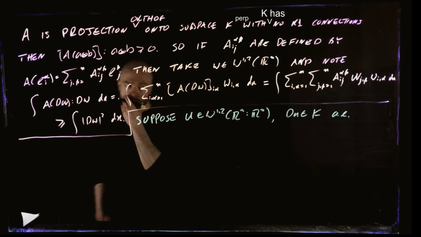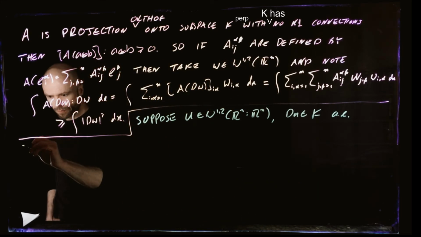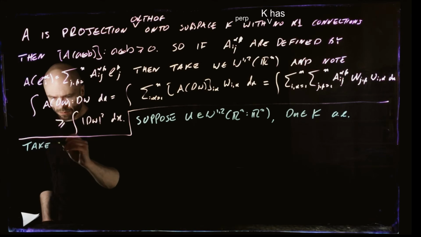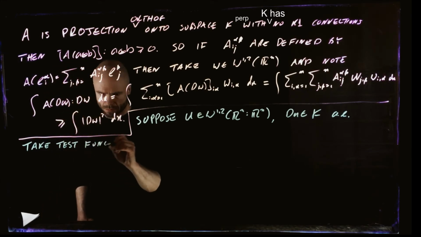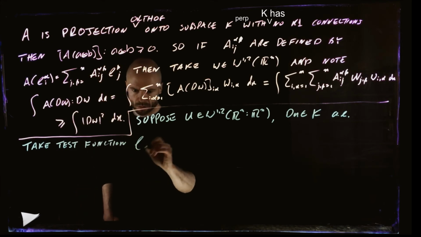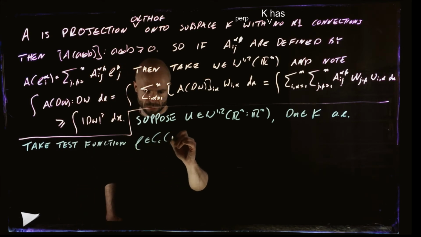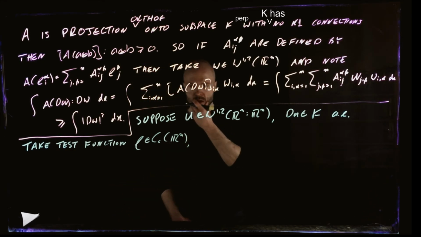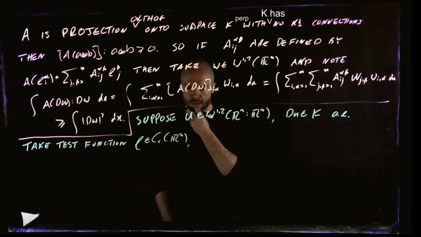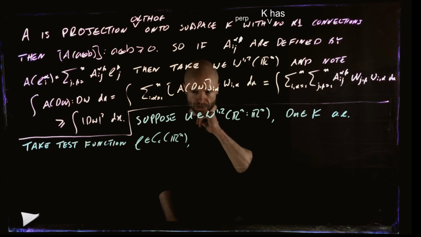Then take a test function, say rho of compact support in R^n, and let us do the following.